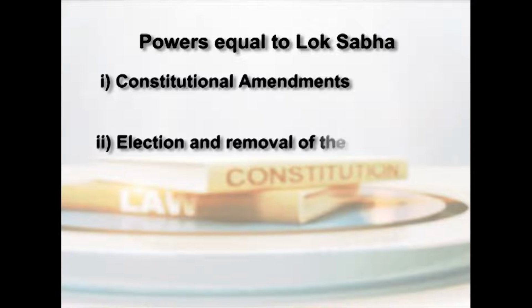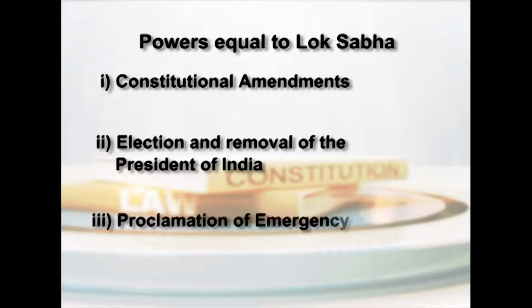Secondly, the Rajya Sabha also shares equal powers with the Lok Sabha with regard to the election and the removal of the President of India. Thirdly, the proclamation of emergency by the President of India requires the approval of both the houses.